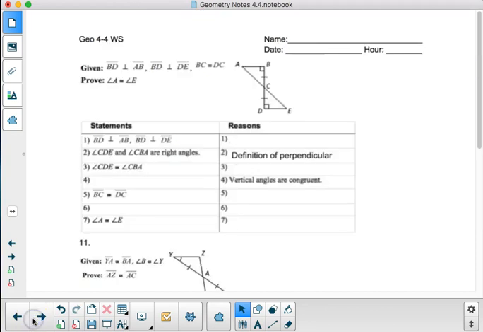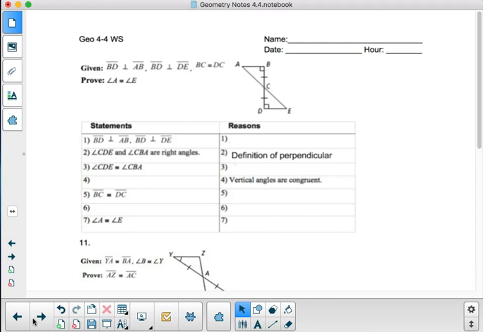Now that next proof, in number 10. In problem 10 here in 4.4, we're looking at the idea of vertical angles. We've got a given and all sorts of stuff.